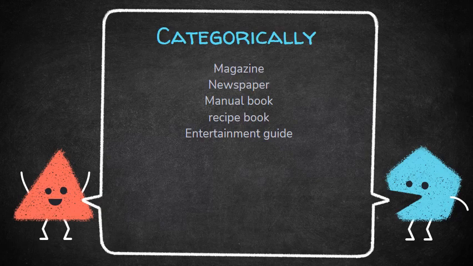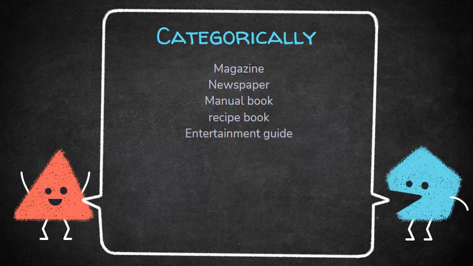It happens also in the newspaper. They're going to have different sections, like advertisement, true crime, and etc. A manual book is also categorical: how to put in the batteries, how to work a certain thing, or how to fix a broken thing.